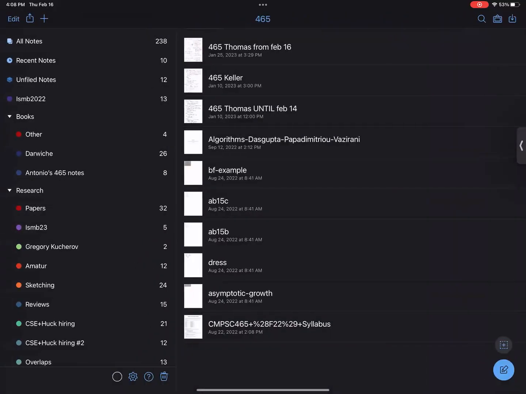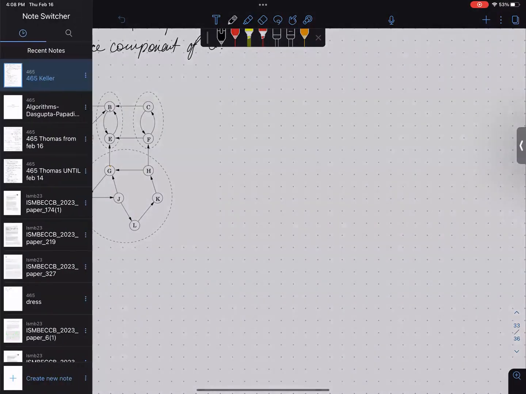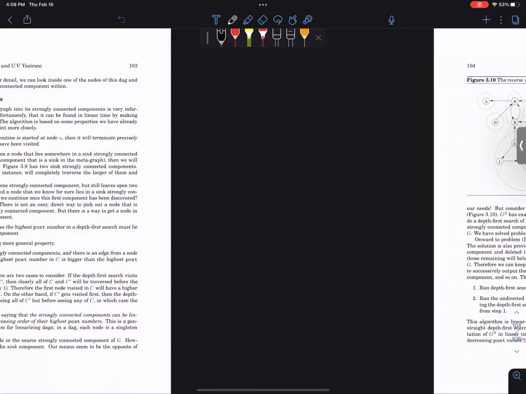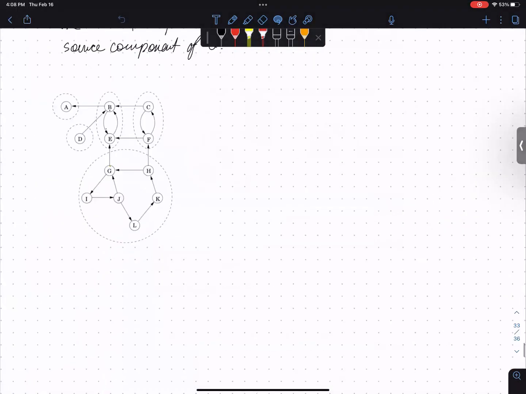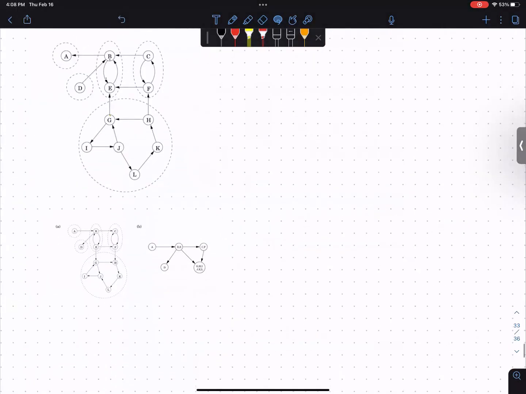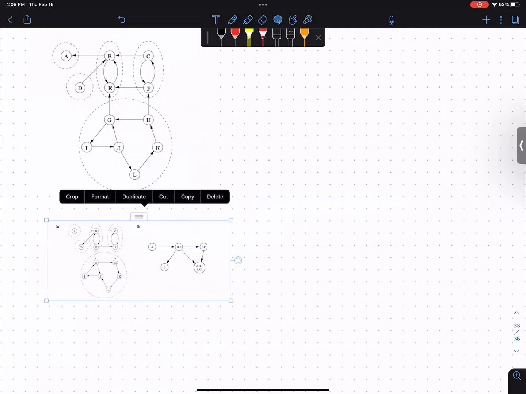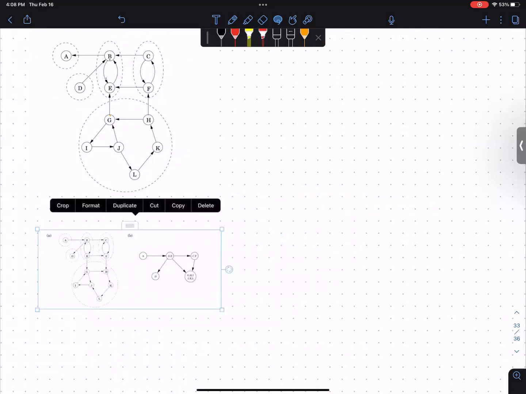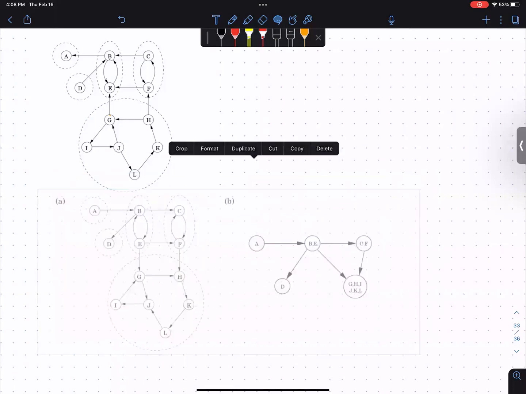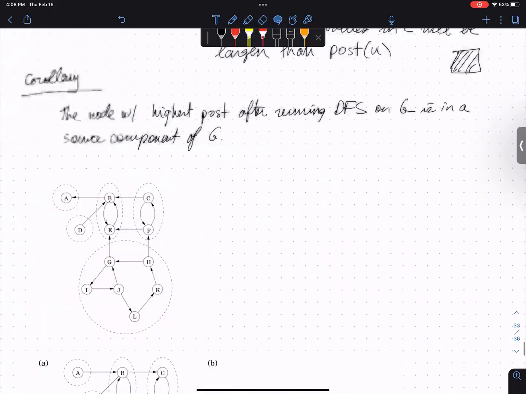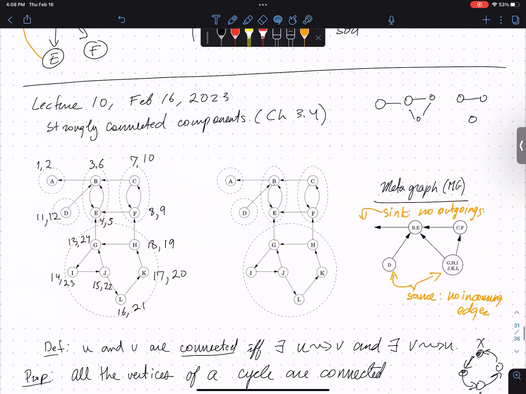Let's take from your book the reverse of that graph. And let's also put the metagraphs.